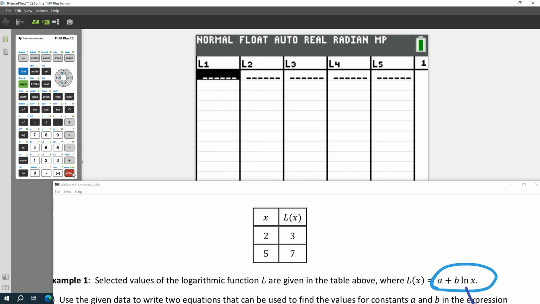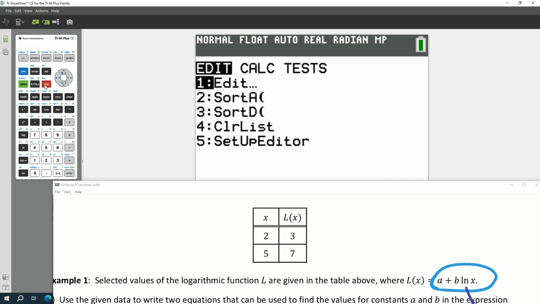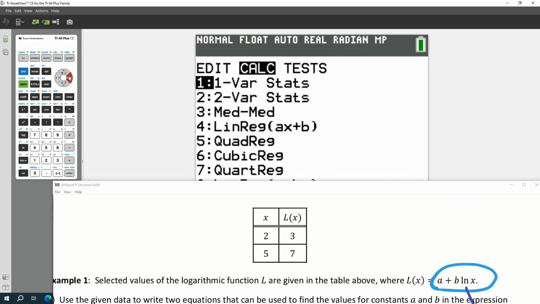All right, so I only have 2 little points to put in, so this shouldn't take too long. All right, and then we're going to go back to stat, and go over to calc.